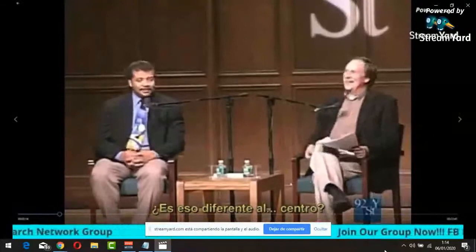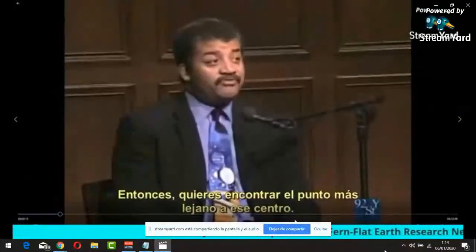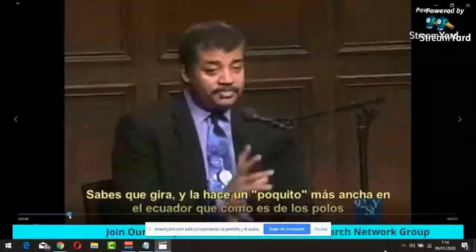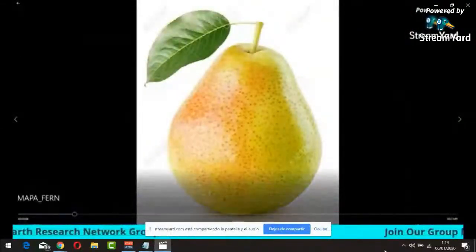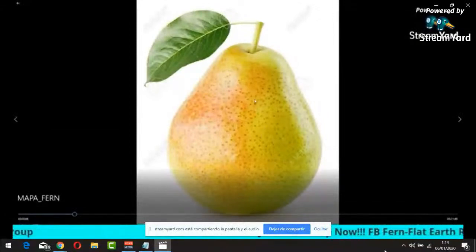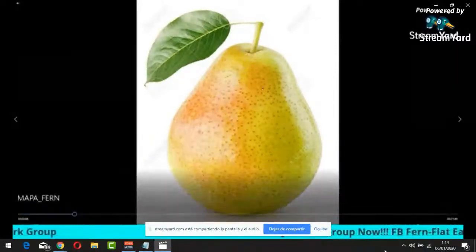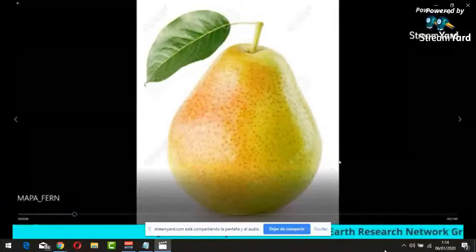Well, we know Neil deGrasse Tyson explained that the Earth has some kind of pear shape. The pear shape, in some way, is because the south part of the world, in his opinion, is bigger than the north part of the Earth. So, well, this is a pear.